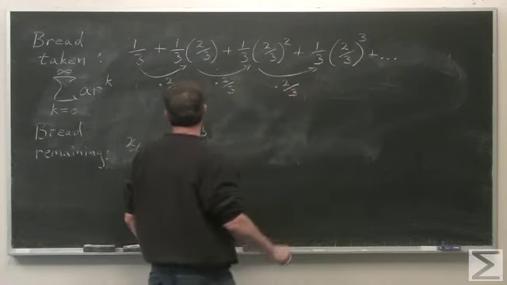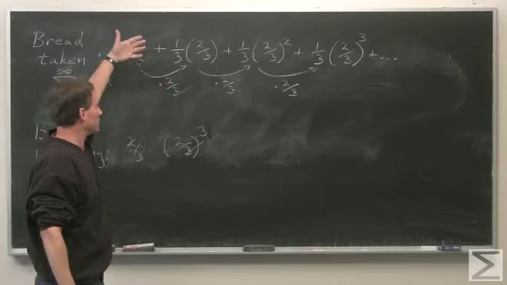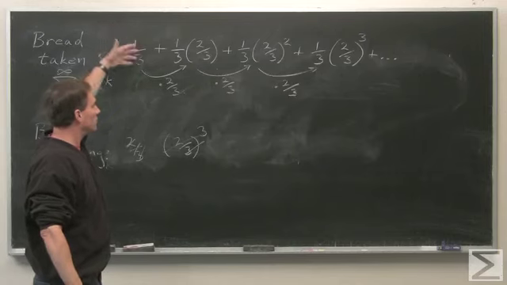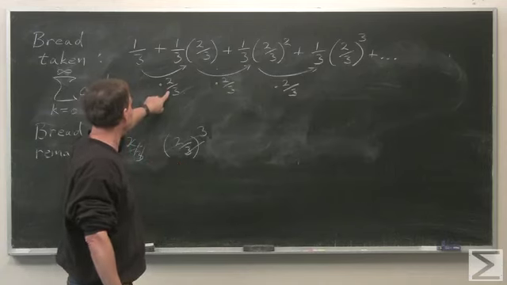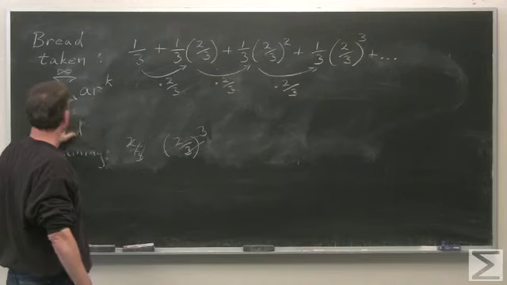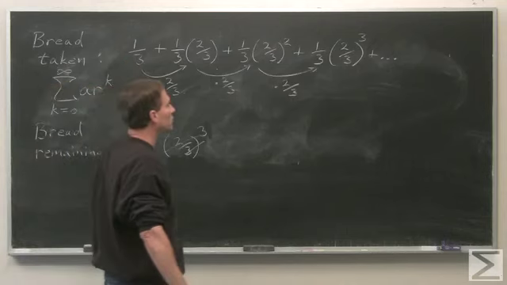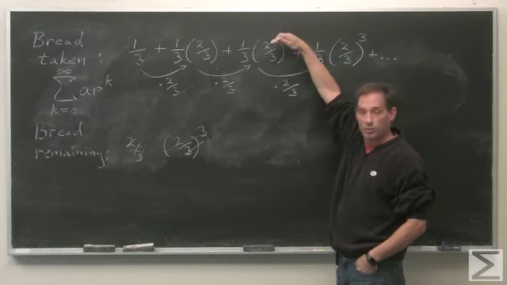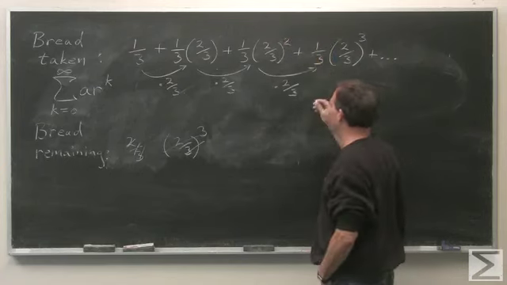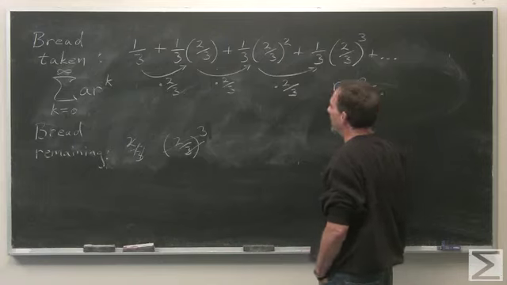It's geometric if you go from one term to the next by multiplying by the same thing each time. Then that thing is what we called r in this formula, and because k starts at 0, the initial term is 1/3. So you should look at this and immediately see that it's geometric. The r is 2/3, and a, the initial term, is 1/3.